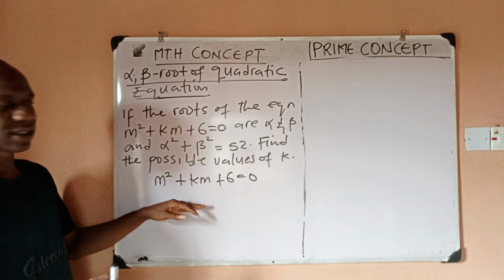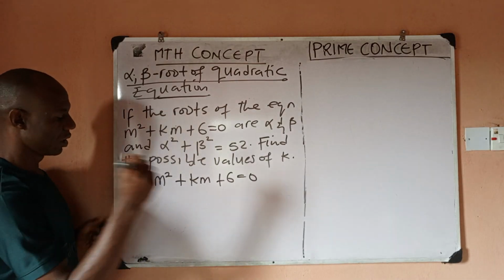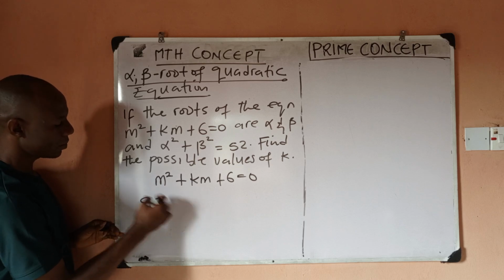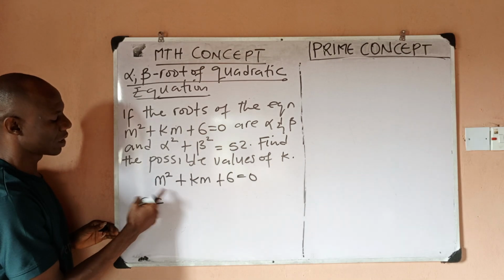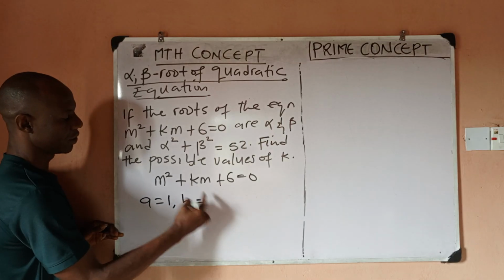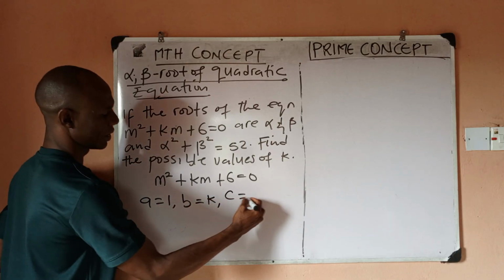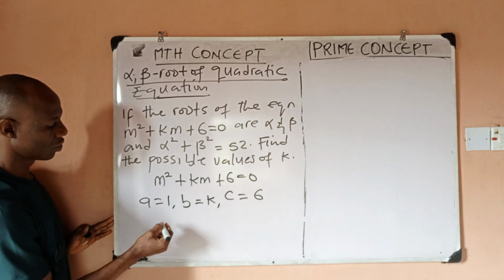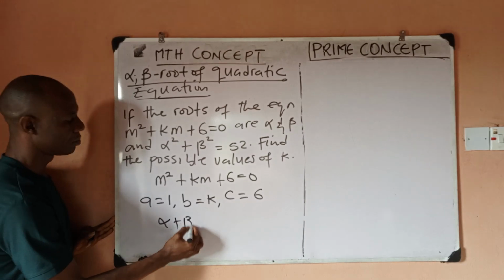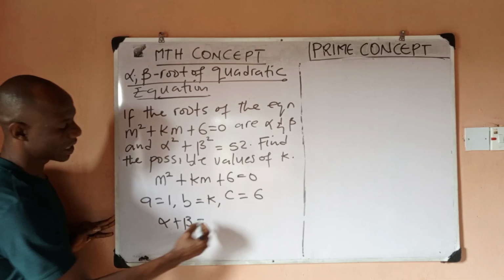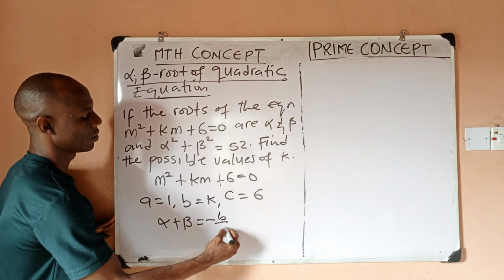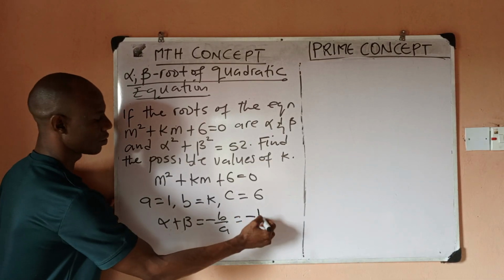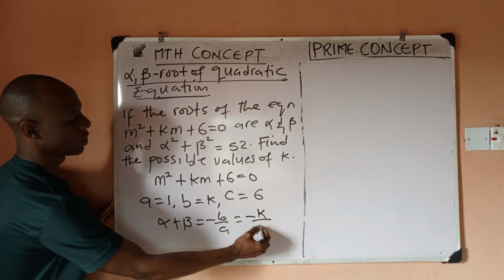So first thing we want to always do is to identify our a, which is the coefficient of m squared. Here it is 1. My b is k. My c is what? 6. Second thing to do is to find alpha plus beta. Alpha plus beta is minus b over a, so which is minus, and our b is k, so minus k over a, which is 1.